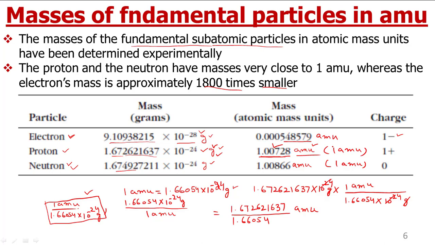That means when we calculate the mass of an atom, it is approximately taken as equal to the mass of protons plus the mass of neutrons. We ignore the mass of electrons. Why? Because their mass is very small, 1800 times smaller than proton and neutron, so it will contribute only 0.1% of the total mass. So we generally neglect it while calculating the mass of an atom. We only consider the mass of protons and neutrons.